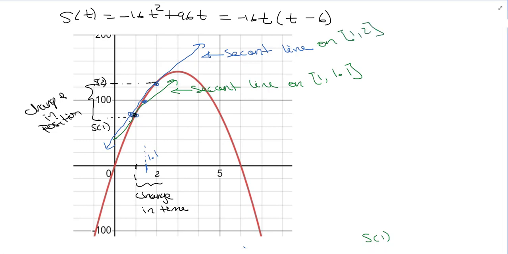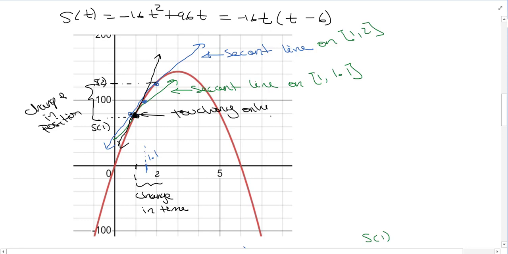And so the idea is what happens when we get right on 1. If I'm able to draw a line that touches just at 1, this is only touching at 1 point instead of 2 points. Notice that the blue line is touching 2 points. The green is touching 2 points.